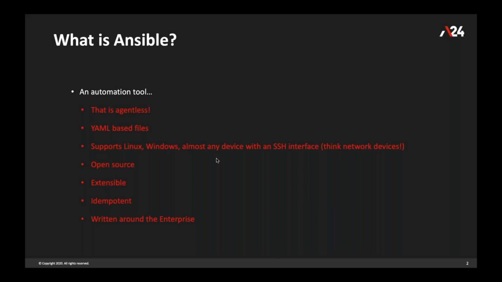You can roll it out and it will talk to more or less any mainstream technology that you might have in the data center using its native interface. So it talks to Linux, FreeBSD, Unix's AIX, that kind of thing, all over SSH. Now, the great thing about it using SSH is that lends itself to network devices as well.